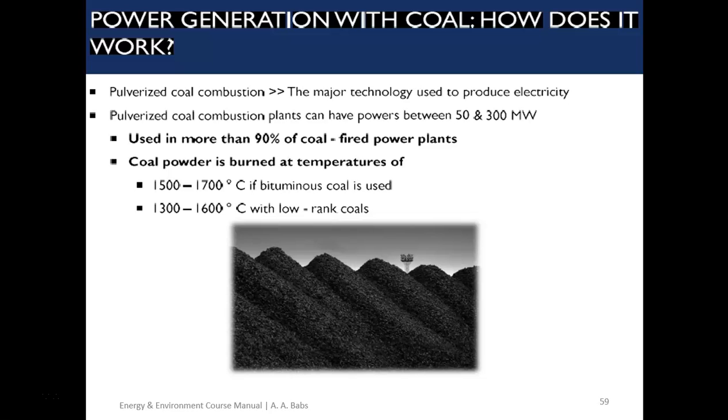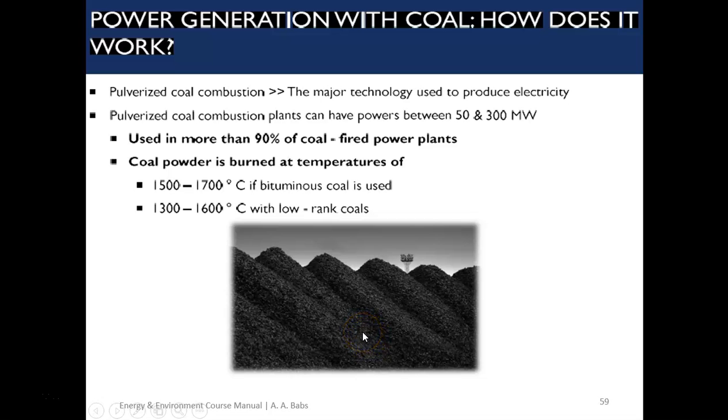And then it also ranges between 1,300 to 1,600 degrees Celsius with low rank coals. You can see this is a picture, an example of coal before it is being ground to powder and supplied into the furnace.